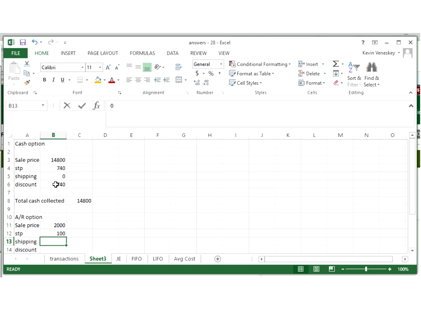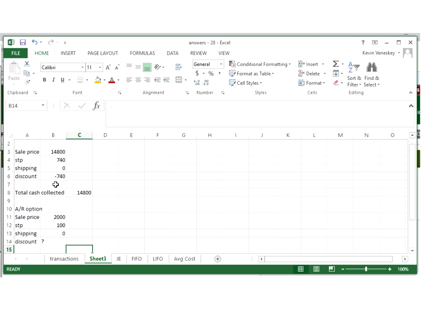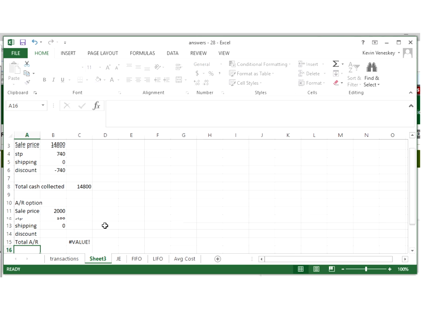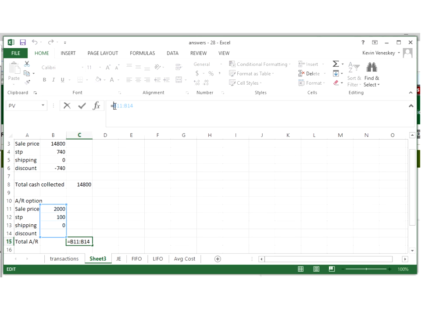So that's why I have to show that. Shipping, nope. Amy had free shipping. Discount, we don't know yet. That'll come into play in a little bit. So we'll just have to leave that blank for now. So total AR, $2,100.